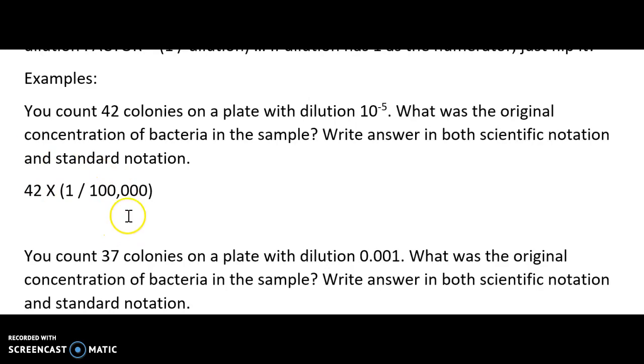That's the dilution, but now we have to flip that. I just did this as a kind of shortcut so you could see how I'm calculating it. You're not actually going to multiply by 1 over 100,000. You're going to multiply by 100,000. All right, you're going to flip that fraction over.